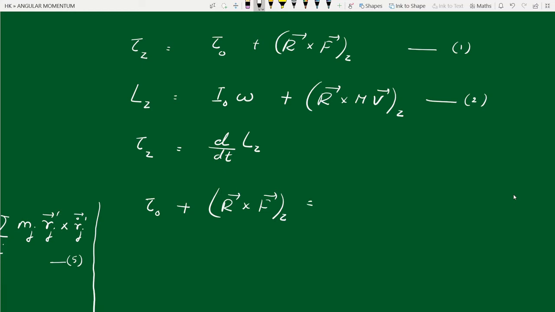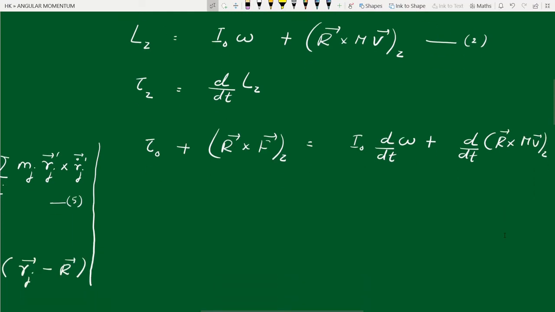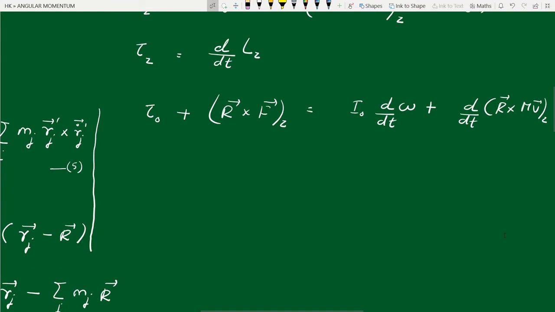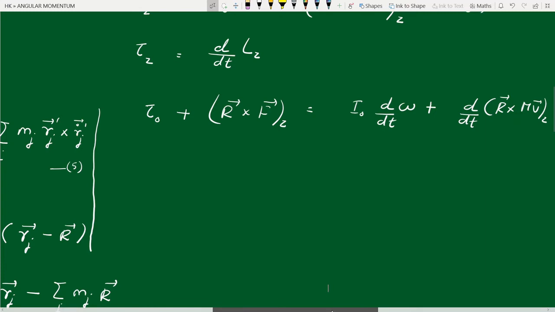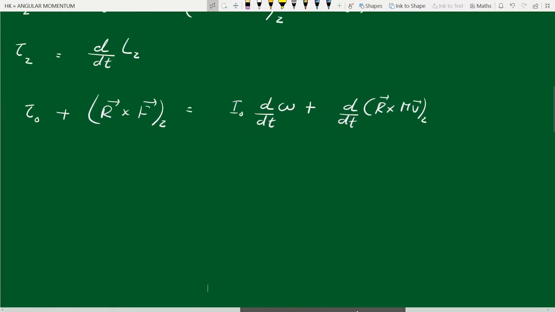So we get I0 times d by dt of omega plus d by dt of R cross mv in the z direction. Now look at the second term.